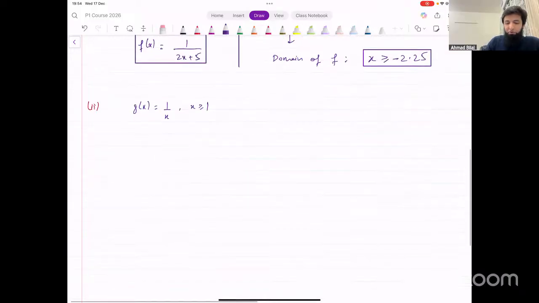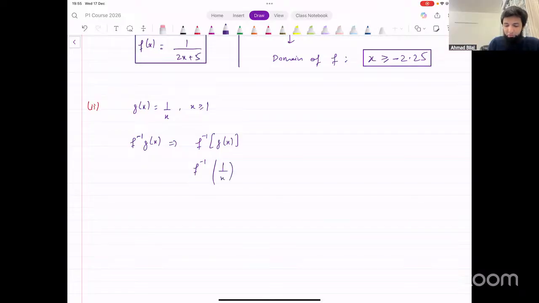f inverse of g is what we're looking for. That means inside the function f inverse, we need to input g. So f inverse of g of x. Okay, what does that become? g of x is 1 over x.